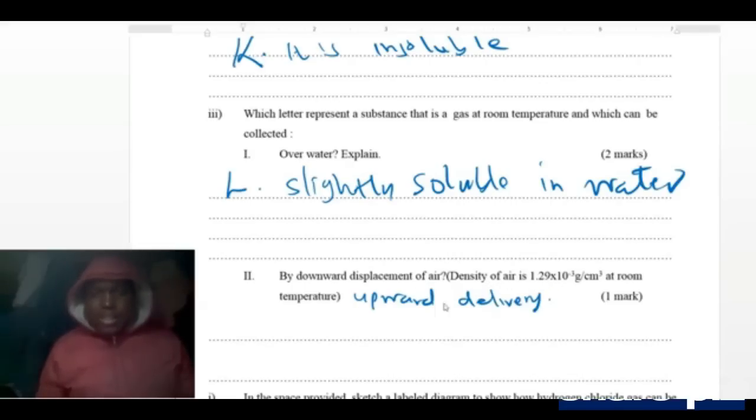So if it is lighter than air, it means it is less dense than air. So let's go to the table and check which gas is lighter than air. We have been given the density of air as 0.00129. So we go back to this one and check which one is less dense than that.